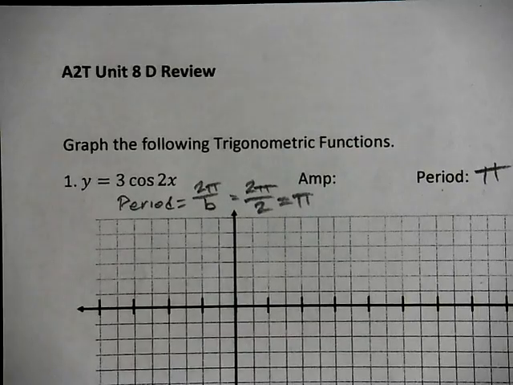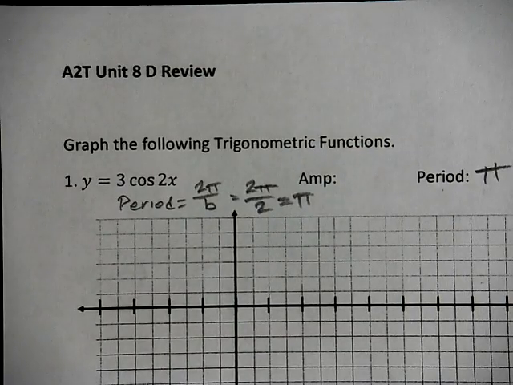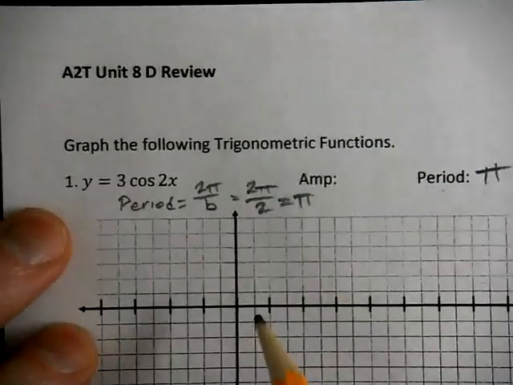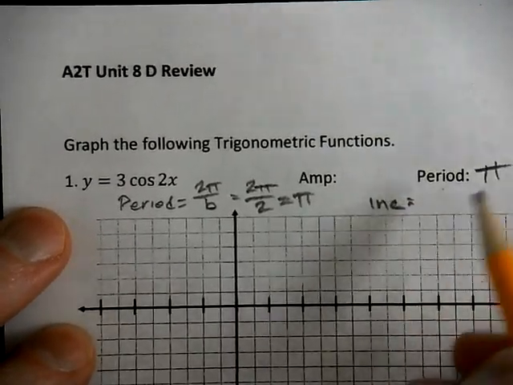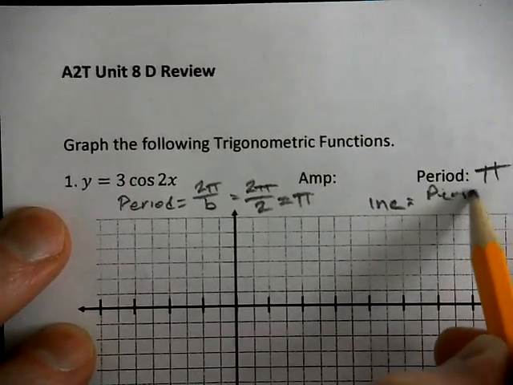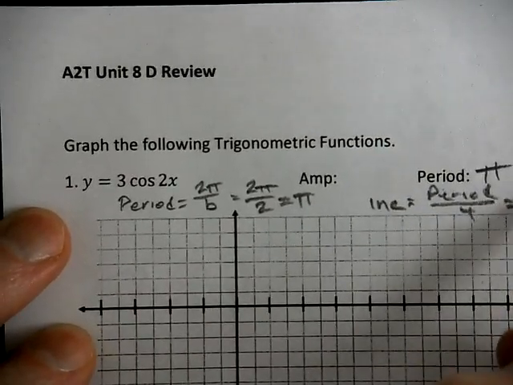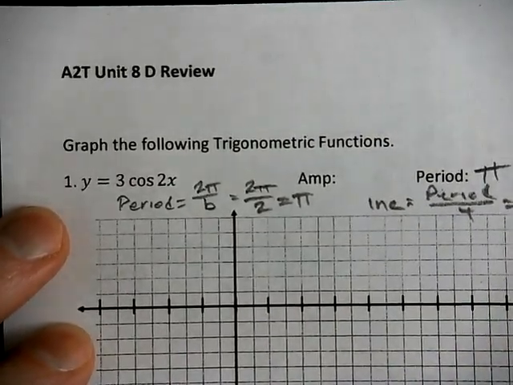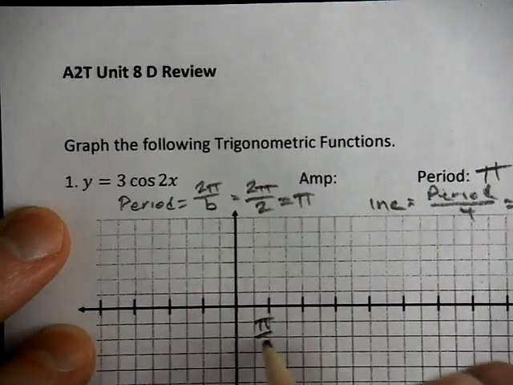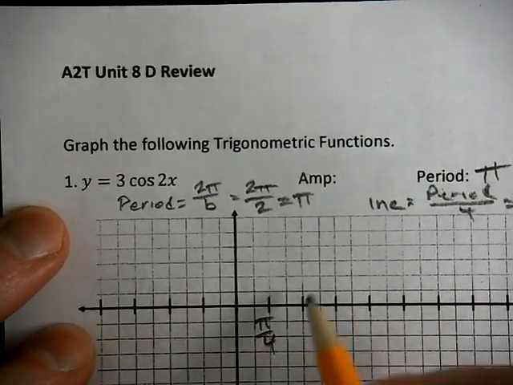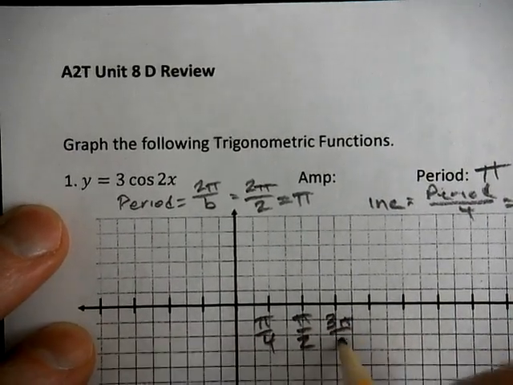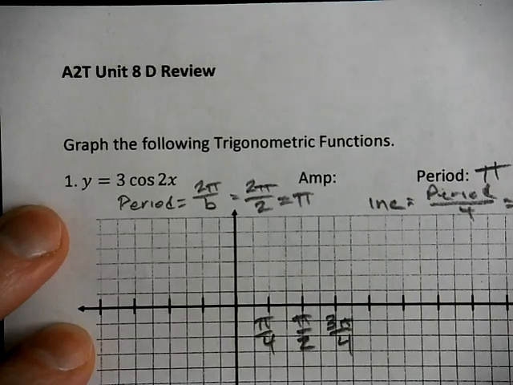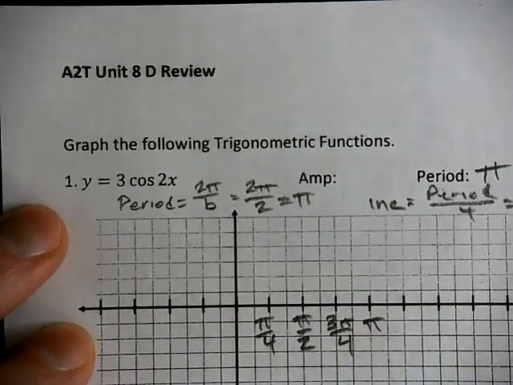That means the whole graph is going to go through its cycle until it reaches that x value of pi. The increment is calculated by the period divided by 4. So that's pi divided by 4. So that means we're going to have pi over 4, 2 pi over 4, 3 pi over 4, and 4 pi over 4.